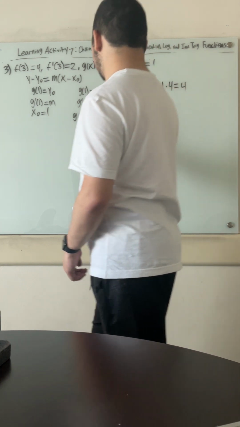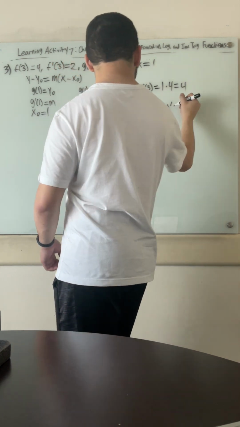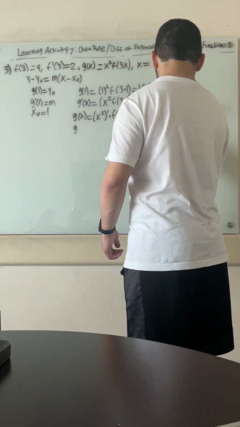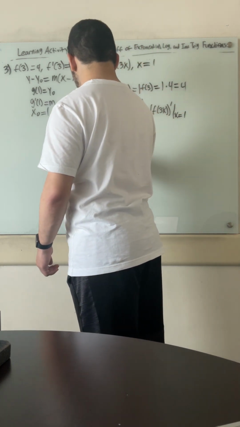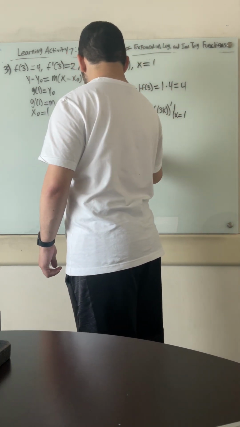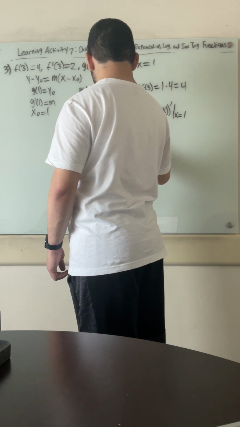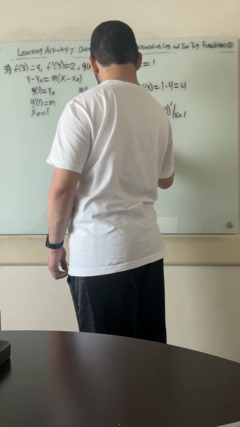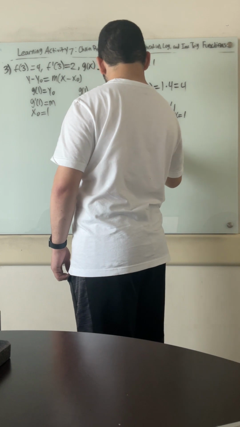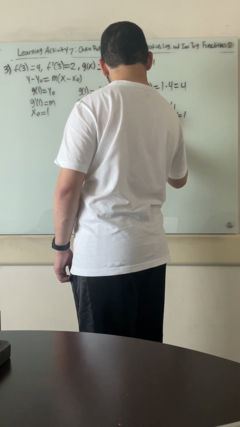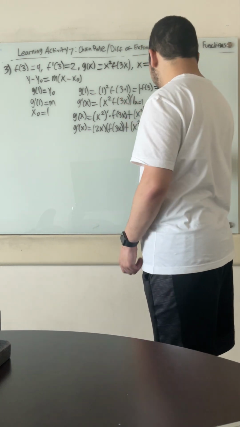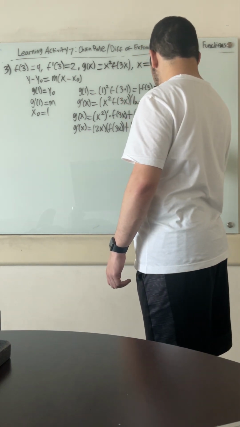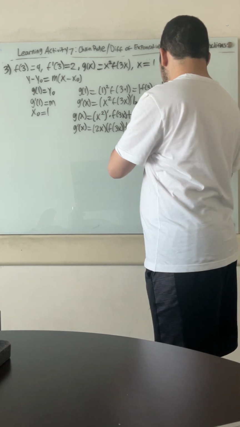All right, so this is equal to 2x times f of 3x plus x squared times f prime of 3x, and that's the derivative of this function.